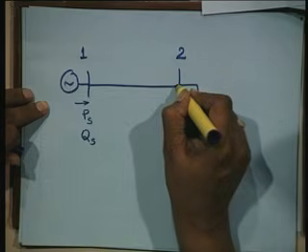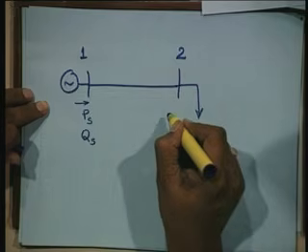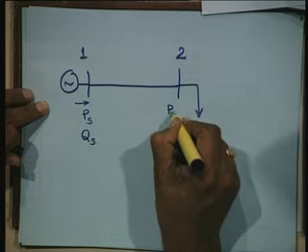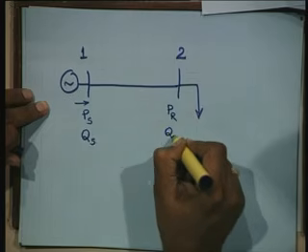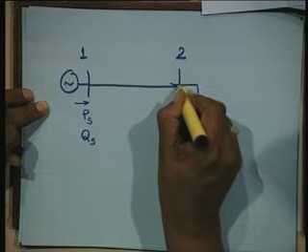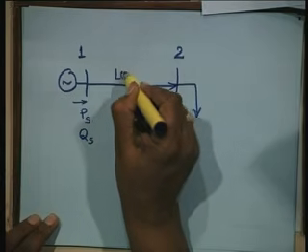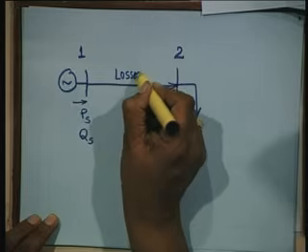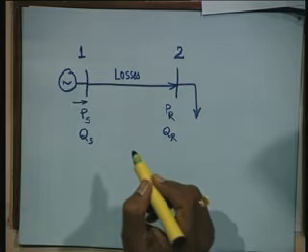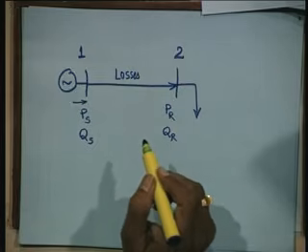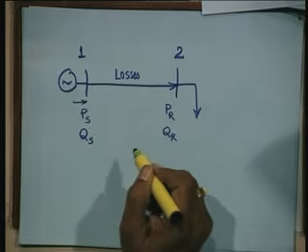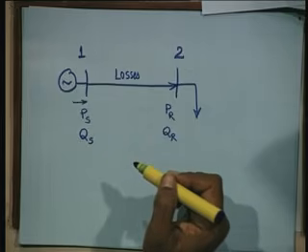By the time it reaches load end or receiving end, they become PR and QR. Why do they change? There are losses on the way. Any practical line will have a resistance, and anywhere where there is a resistance, there will be losses.